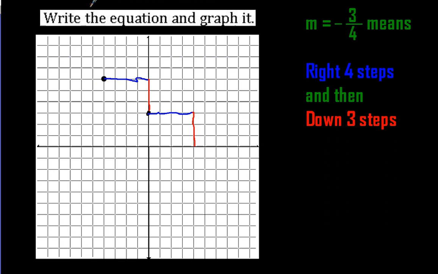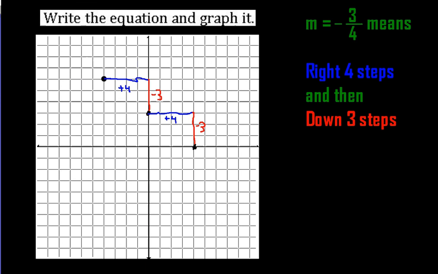So again, notice that pattern that we're making. It's just 4 steps to the right, so it's plus 4, and then it's going to be 3 steps down. So it's minus 3. Please make sure you're seeing how we do this each time. And that gives us those ordered pairs, so that way we can graph the line.